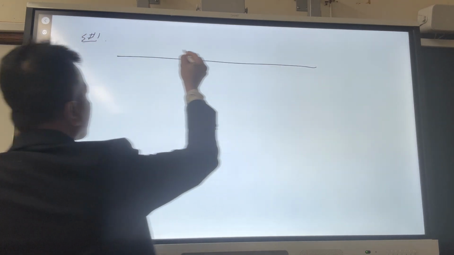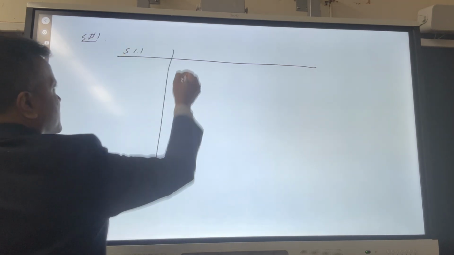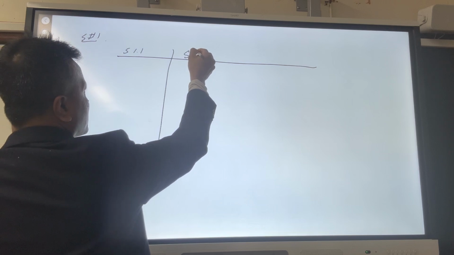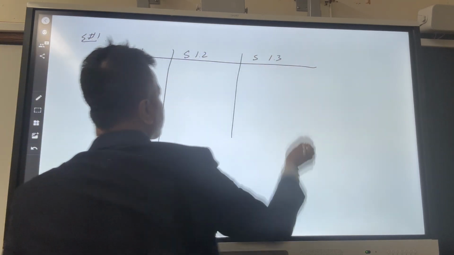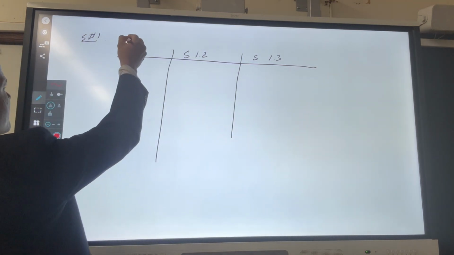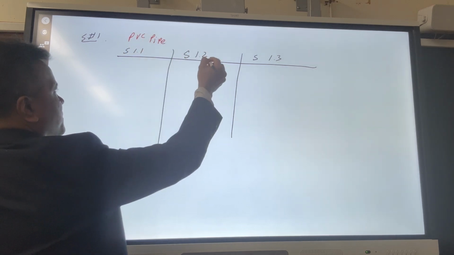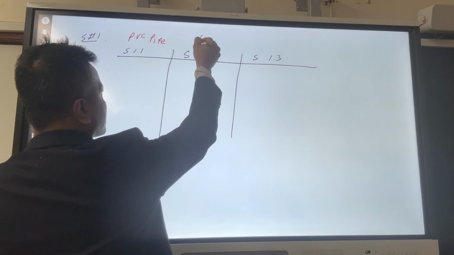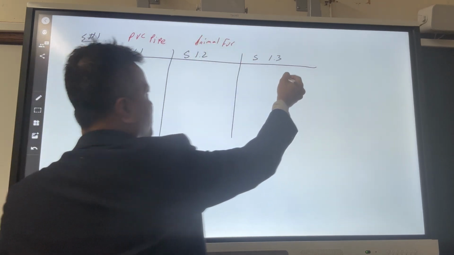We're gonna call scenario 1.1, scenario 1.2, scenario 1.3. Scenario 1.1, we have a PVC pipe. Scenario 1.2, we have animal fur. Scenario 1.3, we have electroscope.